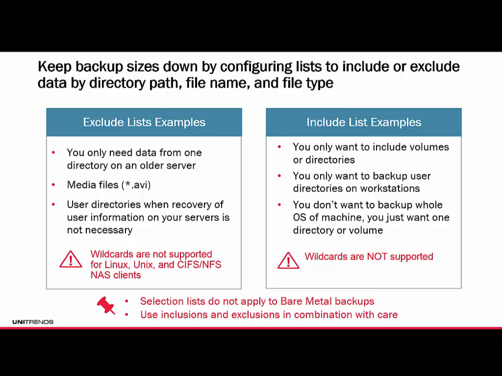The last note down there is that you can use inclusion and exclusion lists in combination, but you have to be careful with them. Keep in mind that your exclusion list has to be rooted from your inclusion list. So if I say I want to include the users directory, but I want to exclude all AVIs, that's okay.